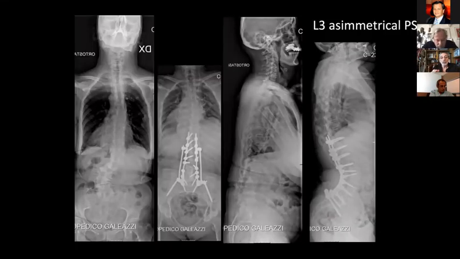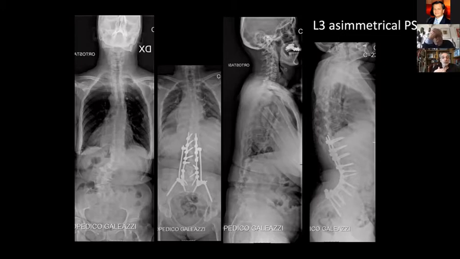Usually we prefer to perform a PSO in L4 because the effect of this in the sagittal plane is significantly more. If 20 degrees of correction is enough in L5 in order to restore a good sagittal alignment, you have to perform more in L4.